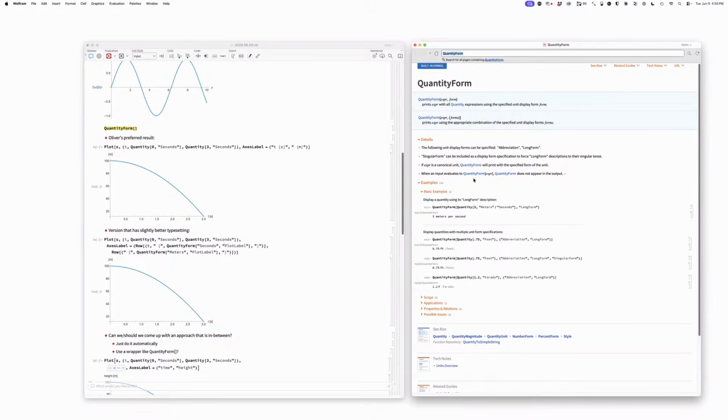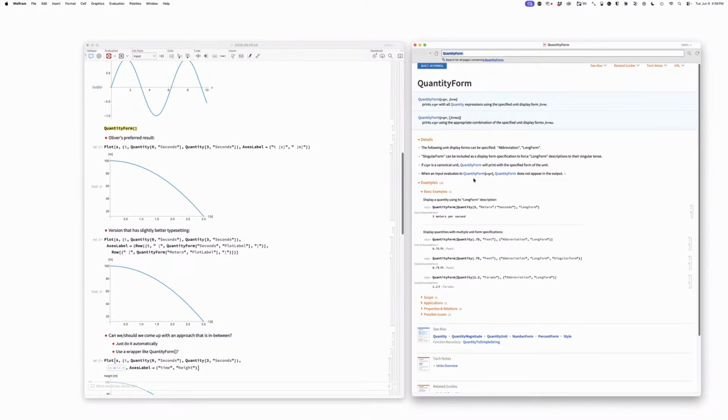Exactly. So what I was thinking as I was looking through this is I wonder whether QuantityForm could be used as part of a syntax for axis labels. So like AxesLabel goes to QuantityForm of Automatic, comma, square brackets or something. I got the idea.